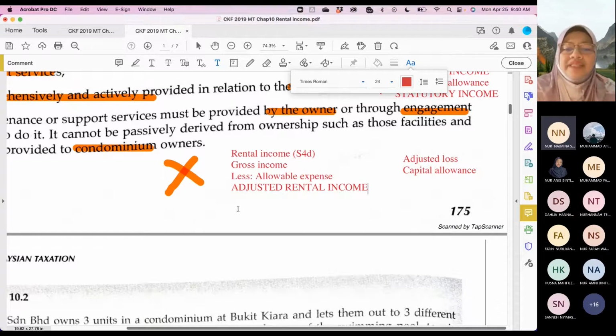But if you happen to have an adjusted loss, how do you get your adjusted loss? It means that your income is less than your expenses. Having an adjusted loss under 4D is a permanent loss. What is a permanent loss? It means that you cannot use the losses to set off against your aggregate income.